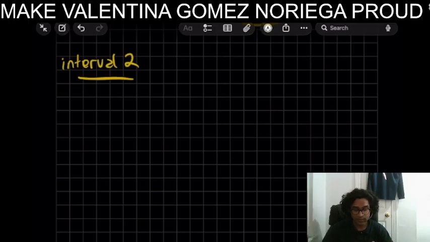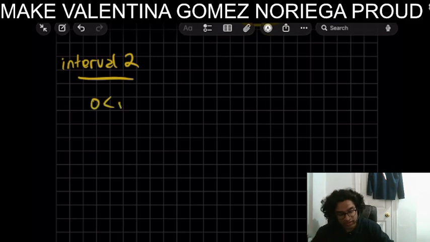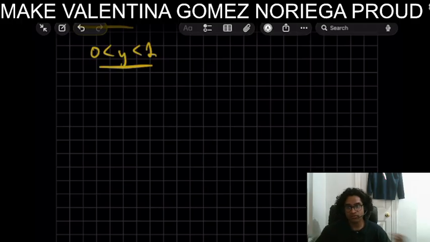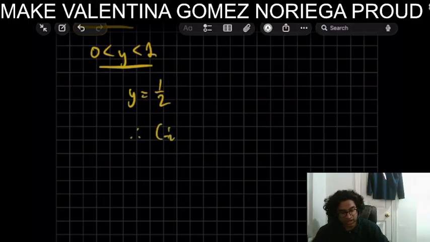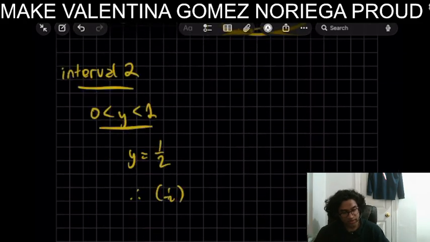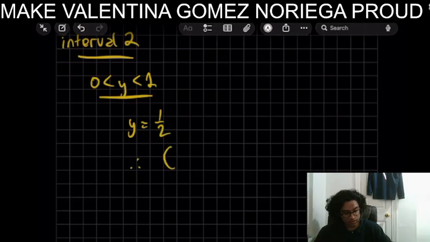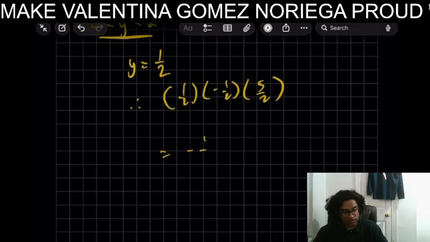All right. So interval 2, if I have 0 less than y less than 1. Obviously, the only option for y is a real value. I'm going to say y is equal to half. What was the equation again? y minus 1 times 3 minus y. So y minus 1 is minus 1 half, and 3 minus half is 2.5, 5 by 2.